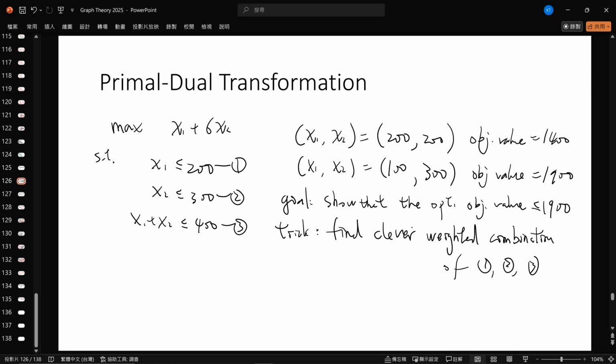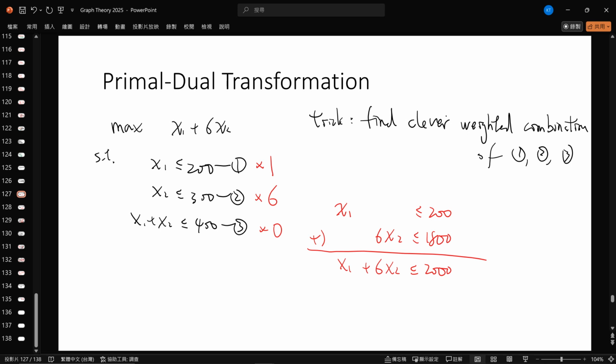The main motivation for this transformation is to find bounds, upper bounds or lower bounds. Since this is a maximization problem, we'll try to seek an upper bound. The basic idea is to find combinations of the constraints that we can use to build an upper bound.